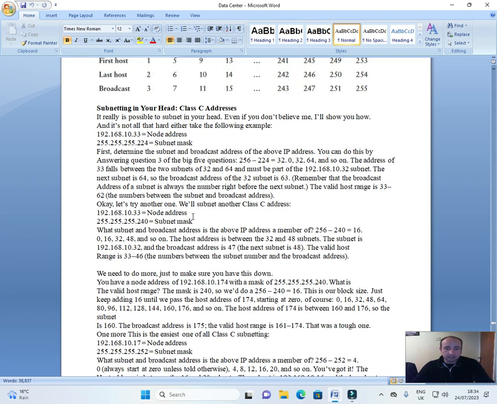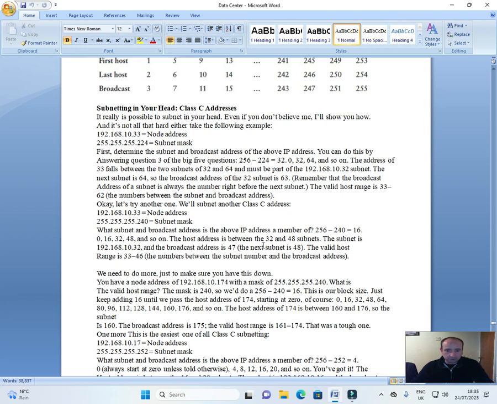Okay, let's try another one. We'll subnet another Class C address. 192.168.10.33 equals node address, 255.255.255.240 equals subnet mask. What subnet and broadcast address is the above IP address a member of? 256 minus 240 equals 16: 0, 16, 32, 48 and so on.